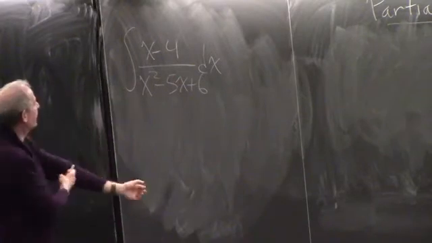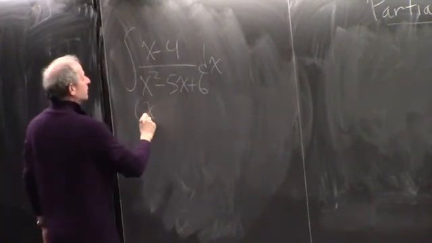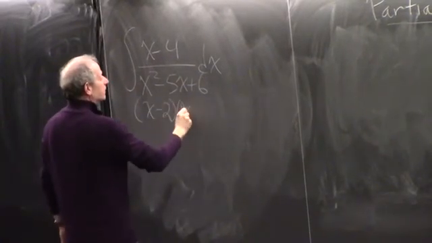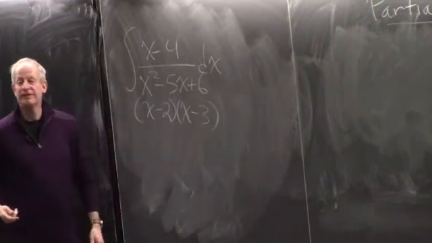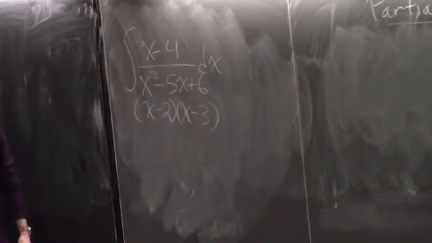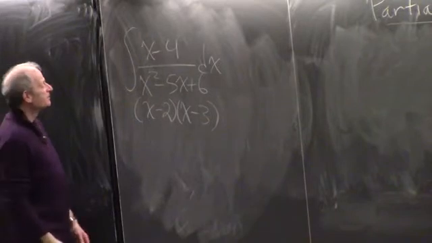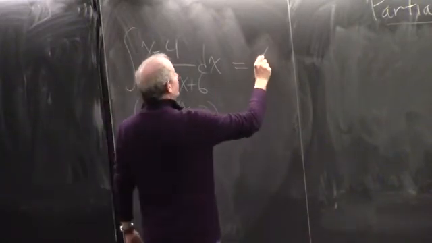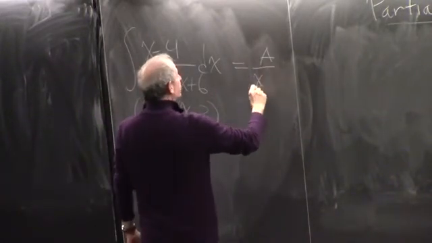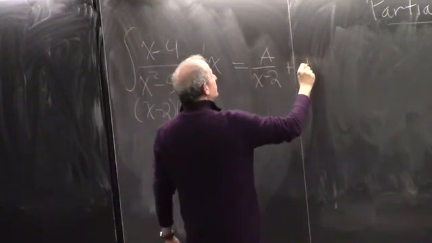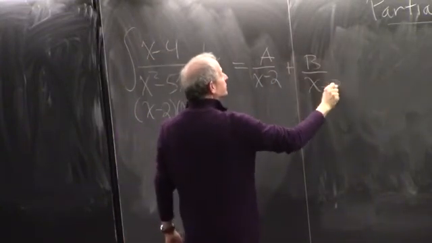Ready? So first let's factor this. Okay. So this is A over x minus 2 plus B over x minus 3.